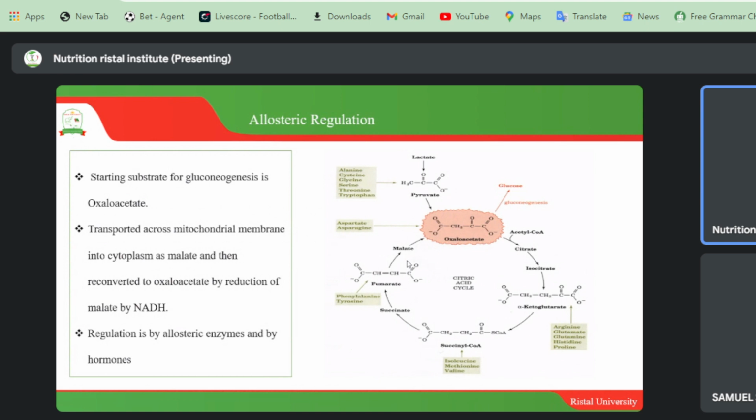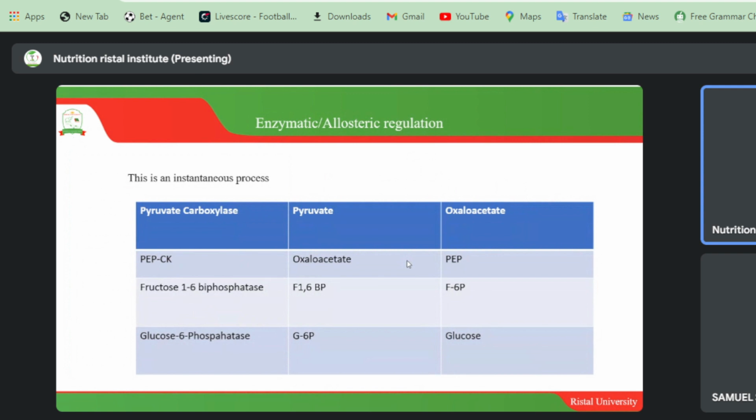It will inhibit glycolysis, and gluconeogenesis will proceed as fast as possible, so that this concentration of oxaloacetate is reduced from the body. And here are other enzymatic or allosteric regulations that we have.